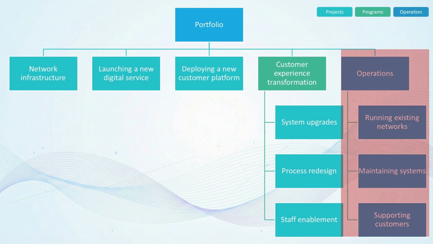Running existing networks, maintaining systems, and supporting customers every day are examples of ongoing operations. This work is continuous and focused on sustaining the business. The key distinction to keep in mind is this: projects, programs, and operations are the components. The portfolio is how all of them are brought together and managed as one in support of strategy.